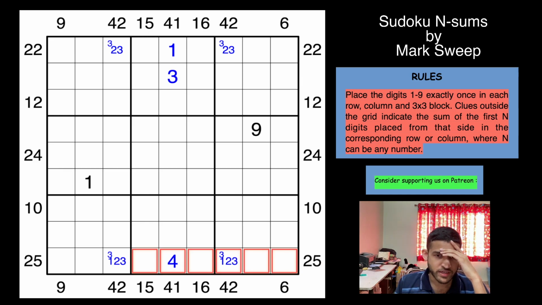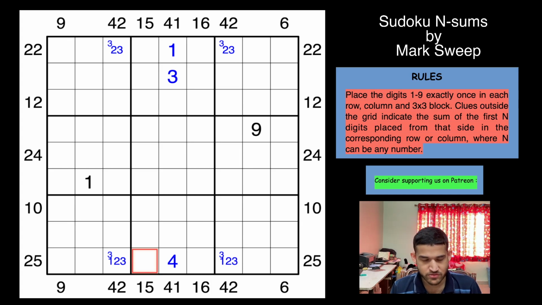Now this 25 clue must be either 4 cells long, or it must be 5 cells long. This is a 5. Let me think here.